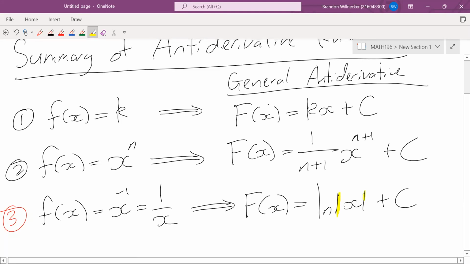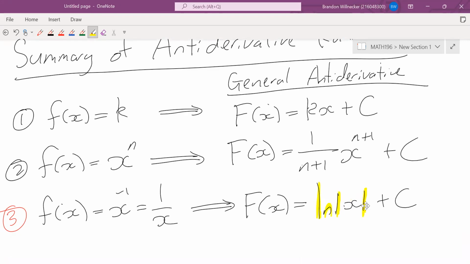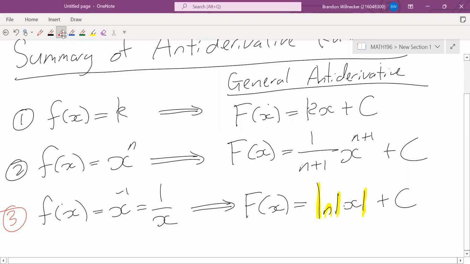Please do not forget the absolute value here. Okay, you can't take the natural log of a negative number. That doesn't work. So we need the natural log absolute value of x to make sure that the input is positive. Okay, so this is a special case when the exponent is -1.